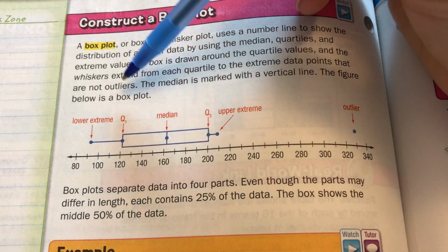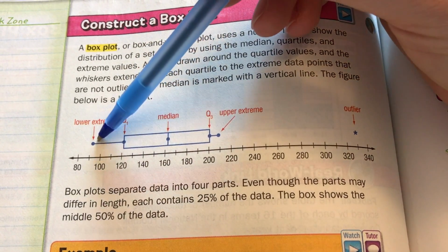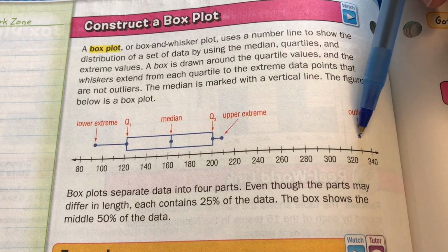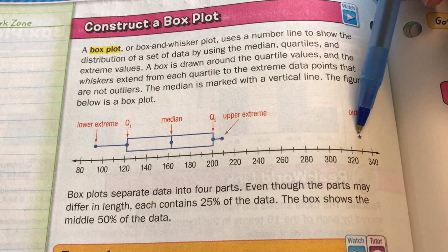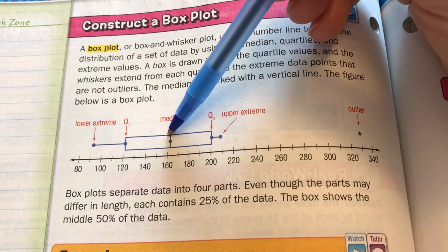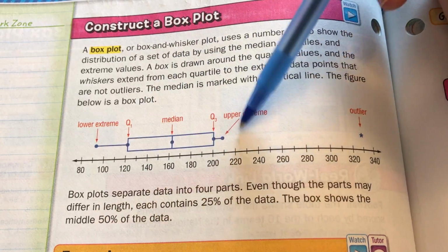Now, the outliers are different, so the whisker only goes to the data that's not an outlier. The outlier is marked with this little star, if there is an outlier. The median is marked with a vertical line down the middle of the box.